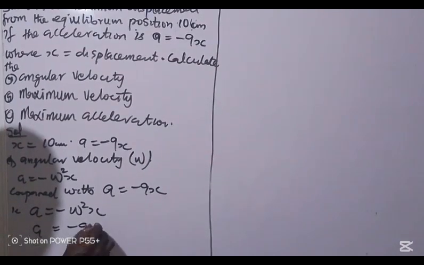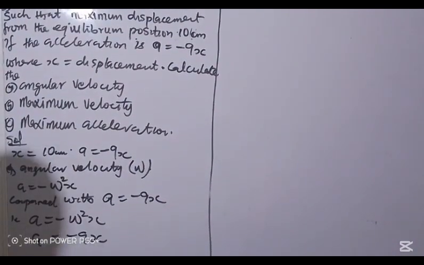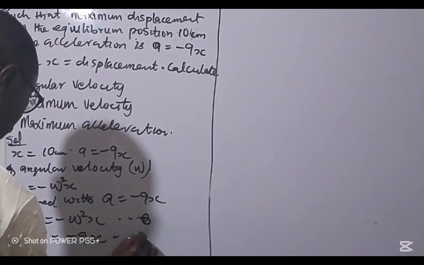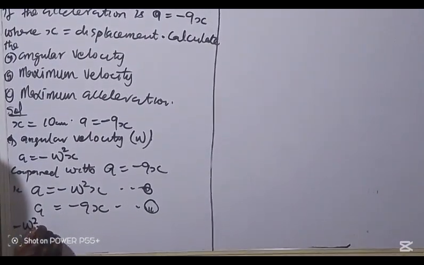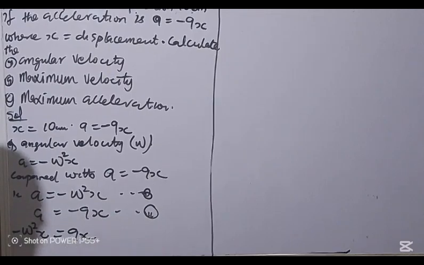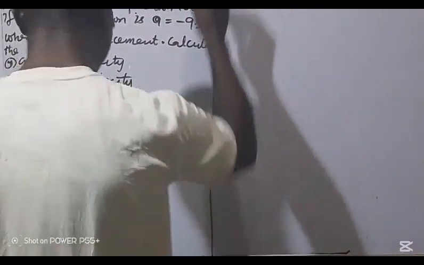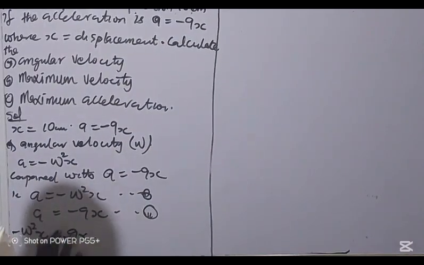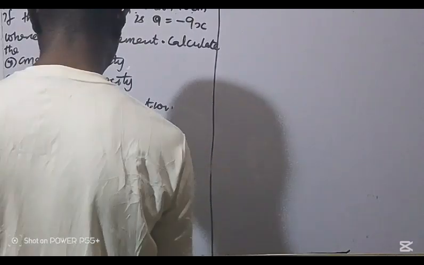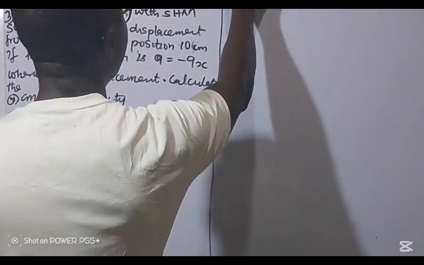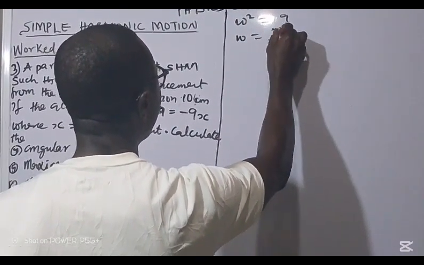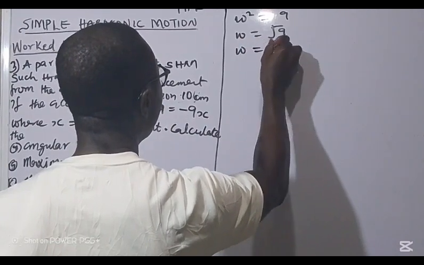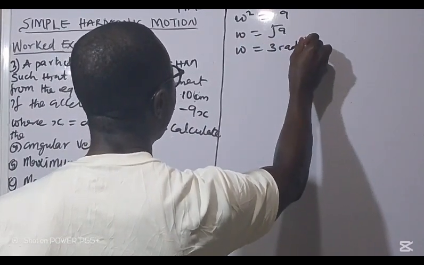If you call this one equation 1 and this one equation 2, then minus omega square s is equal to minus 9s. S will cancel s, and minus will cancel minus. So we have omega square is equal to 9. So omega is equal to square root of 9, where omega will be equal to 3 rad per second. That's the value of omega.